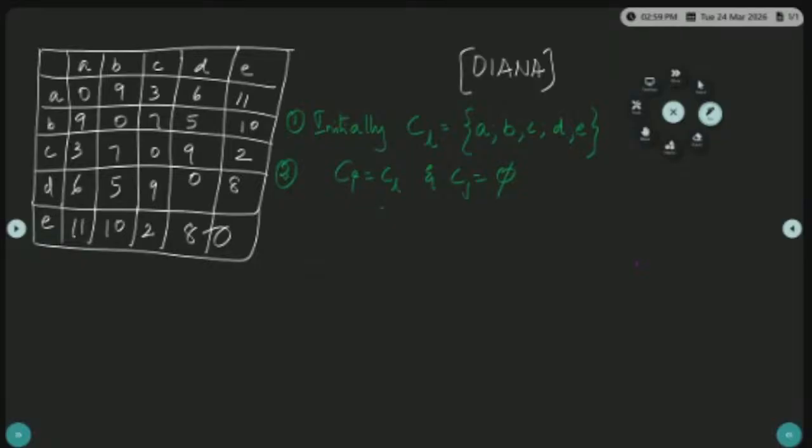Here, instead of that, we will shift from Ci to Cj until there is no negative value. The third step, initial iteration.